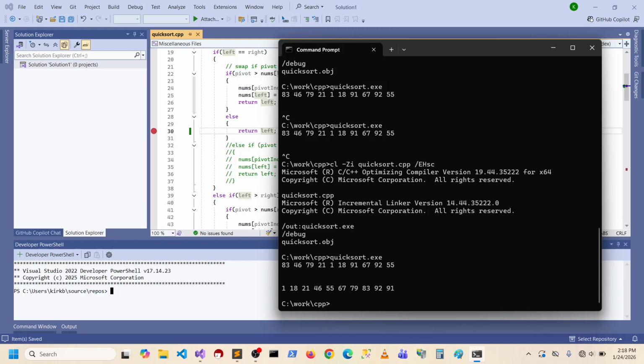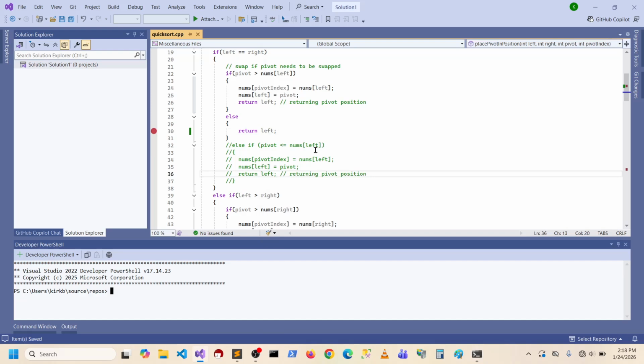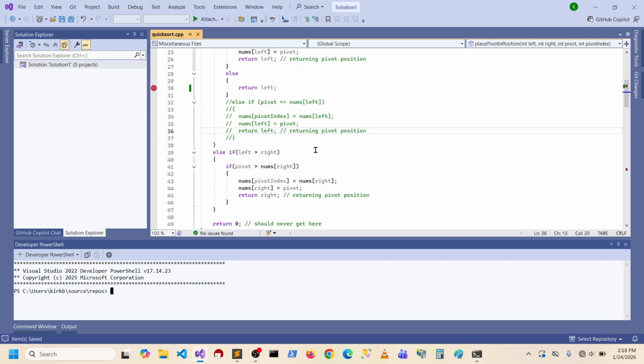So it fixes that one thing, but I still got the 92 to deal with. So should there be another one here? If left is greater than right.